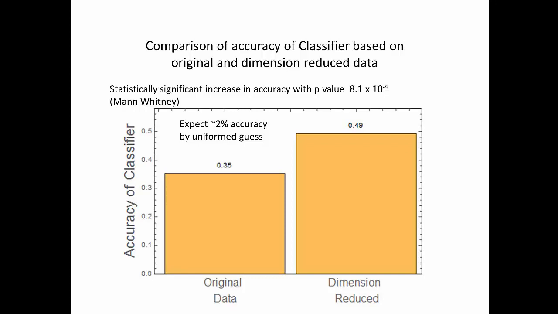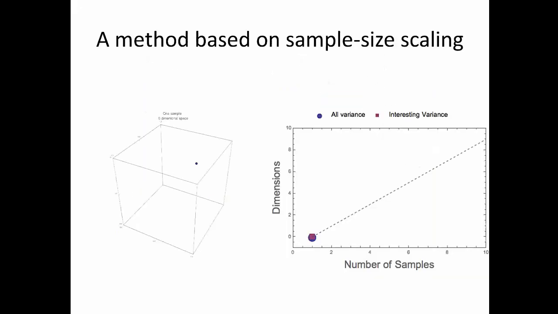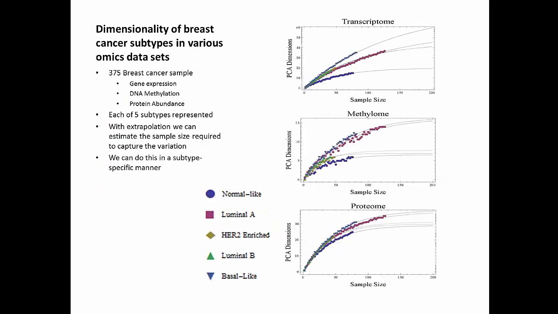Neil, just out of curiosity, I noted the lower dimensionality in the proteomic space than in the transcriptomic space. Did I see that right? Is this just a coincidence, or is there some kind of message there? So you're looking at the scale of these axes here. Yes. Right. I'm not sure, it looks a little bit like it.